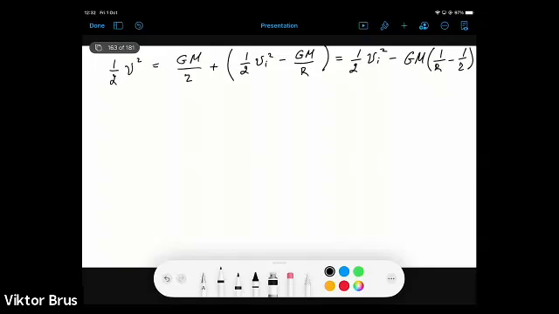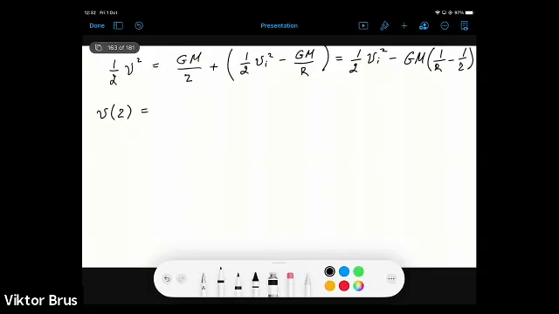Okay. So as a result, we can express the velocity. So we will get finally the equation which gives us velocity as a function of distance from the radius, from the center of the planet.